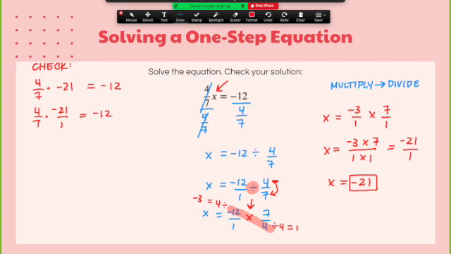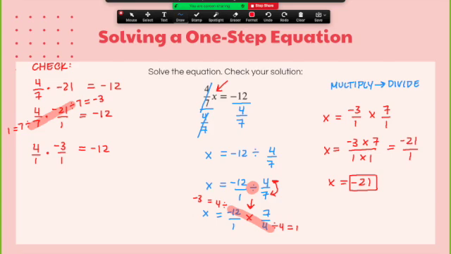And then over here, I can simplify the negative 21 and the 7 by dividing both by 7. If I divide both by 7, I get 1 and negative 3. So I would get my new fraction, which is 4 over 1 times negative 3 over 1, which would also equal negative 12, right?